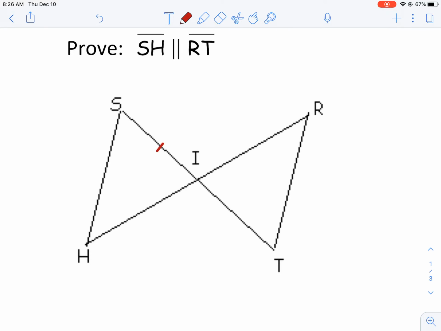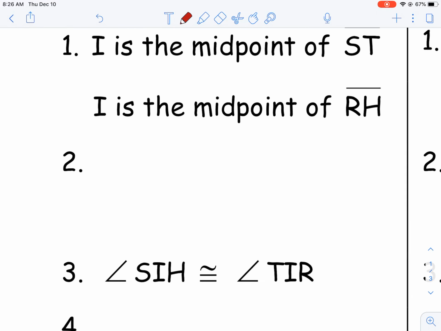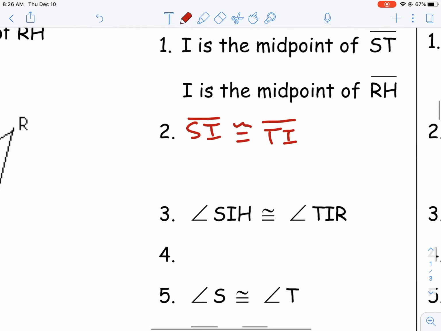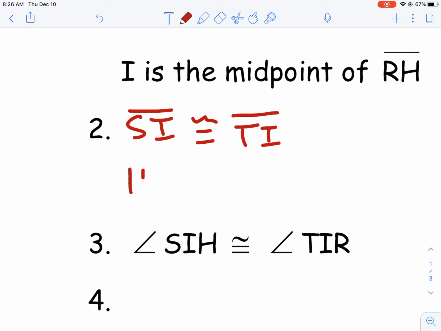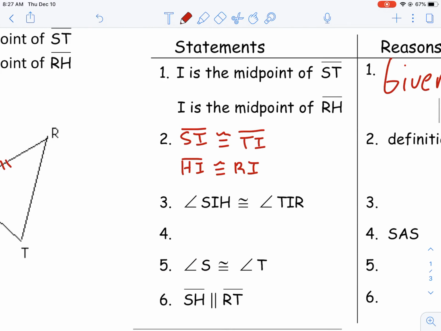Now we know that IS is congruent to IT, and we also know that HI is congruent to RI. And we know both of those because of the definition of midpoint, right?